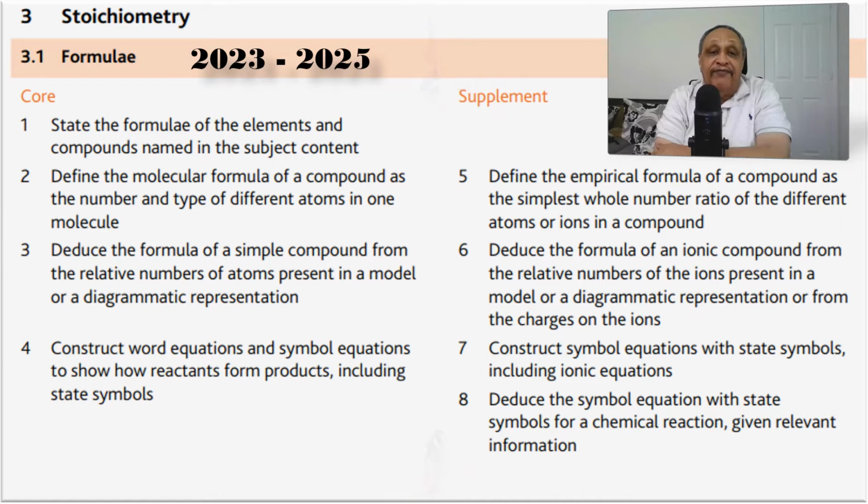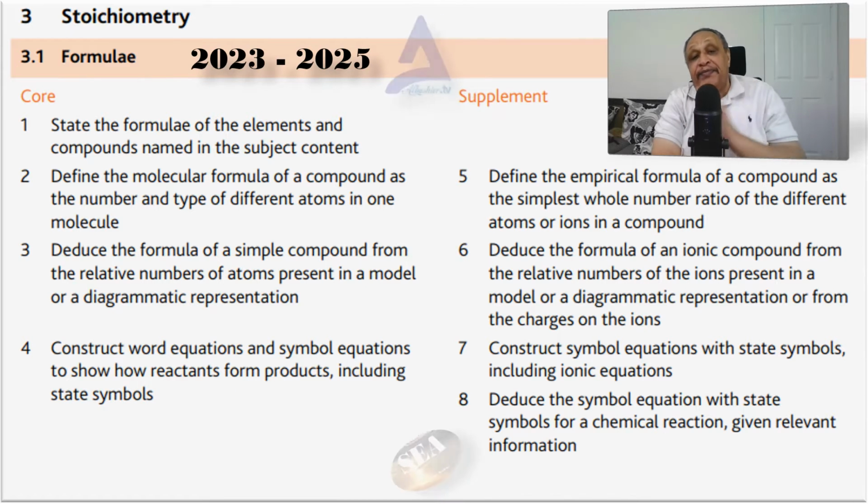Deduce the formula of a simple compound from the relative number of atoms present in a model or a diagrammatic representation. Construct word equations and simple equations to show how reactants form products, including state symbols.